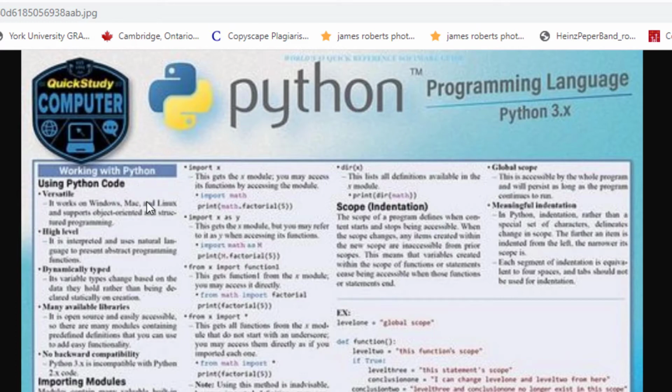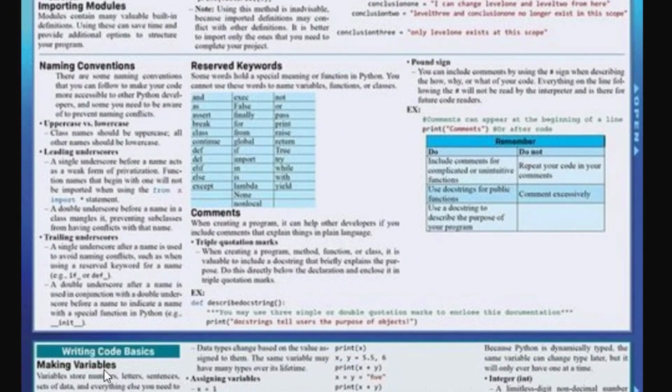These headlines here are clearly important. They're pretty vague, which makes them bad. I mean, there's no point really providing vague context to people. That's kind of a dumb thing to do. Nevertheless, importing modules, naming conventions, reserved keywords, comments, writing code basics, all of those things as you go through the card at a glance, at a high level, are the important things that actually give you the context for what comes next.